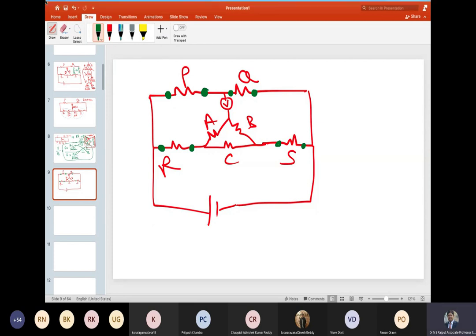This is where he said that instead of using two wire resistances, let's take 4 terminal resistances. So here he removed that part and came up with four terminal resistances.